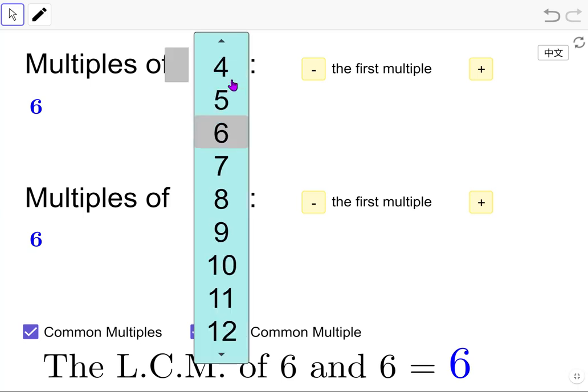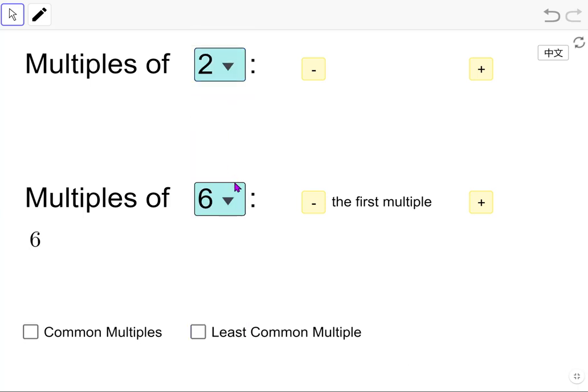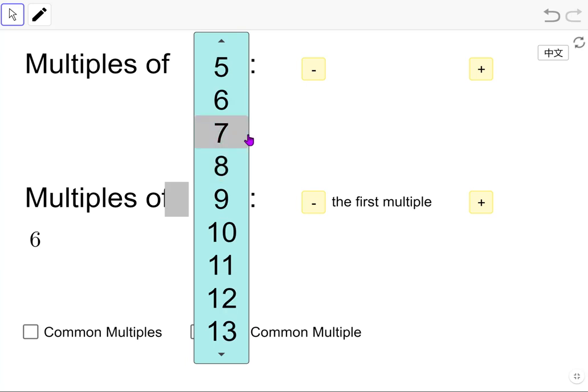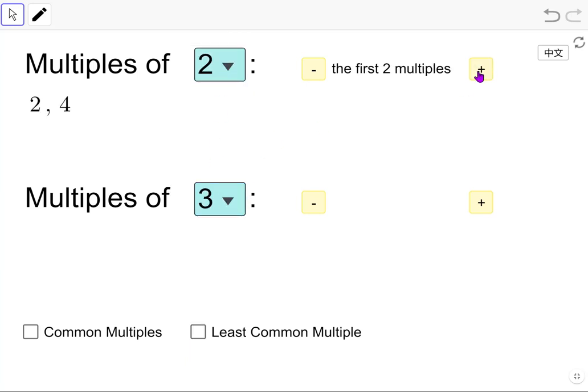Okay? And if the 2 numbers are prime, the least common multiple will always be their product. Okay? So the biggest the answer can ever be is to multiply the 2 numbers. And the smallest the answer can ever be is the smallest number.